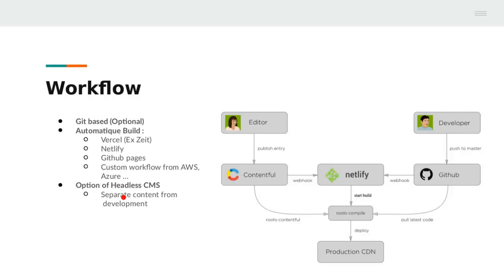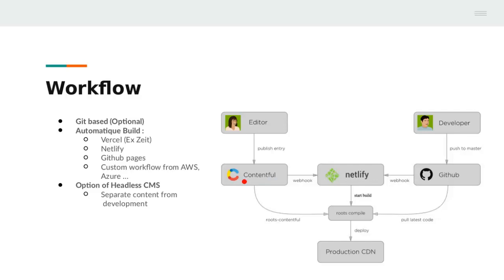The headless CMS part is a separation of the content from development. You can see here the developer writes code and pushes it to GitHub, for example, and the editor edits the content of your web page and updates it on Contentful. By the way, Contentful has the same idea of branches.